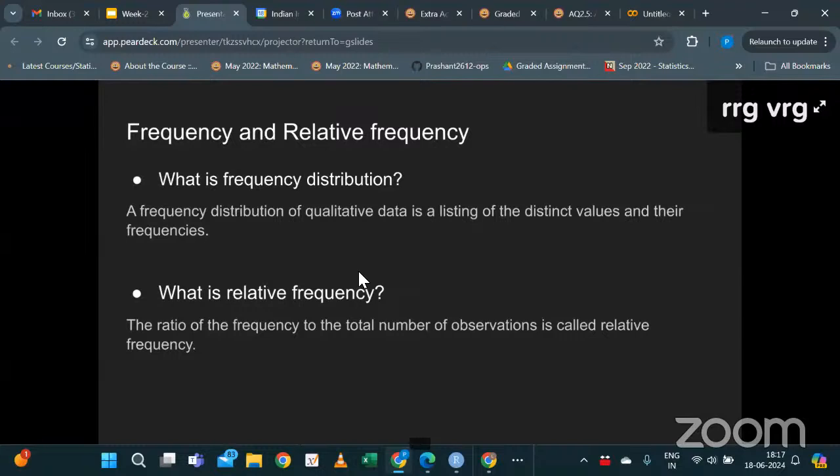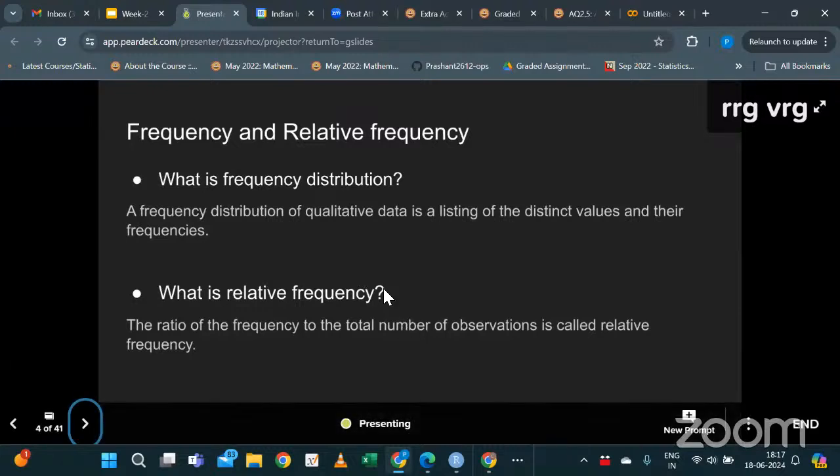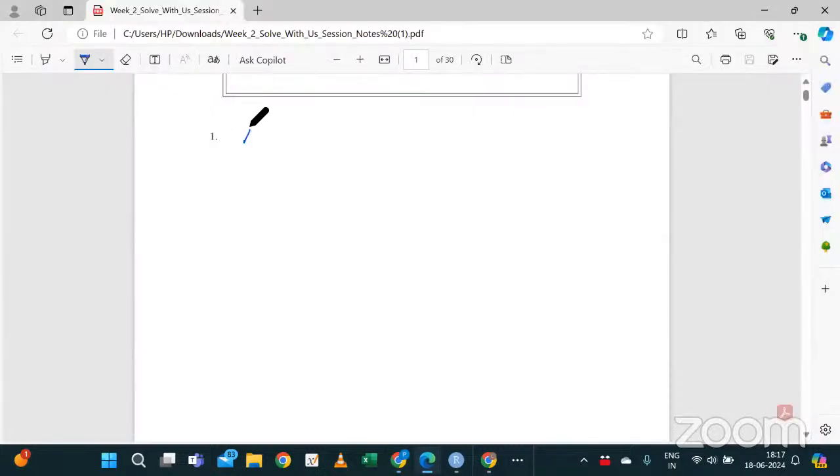A frequency distribution of any qualitative data is a listing of the distinct values and their frequencies. Suppose you have categorical data like this: A, B, A, C, D, B.